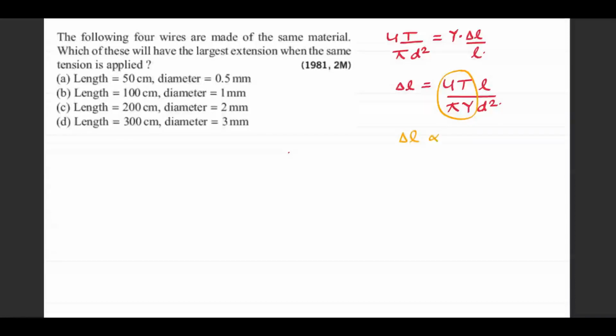So delta L will be proportional to L by D square.